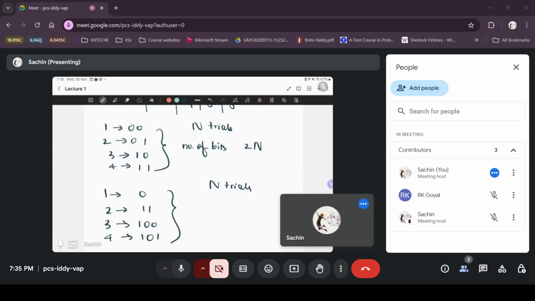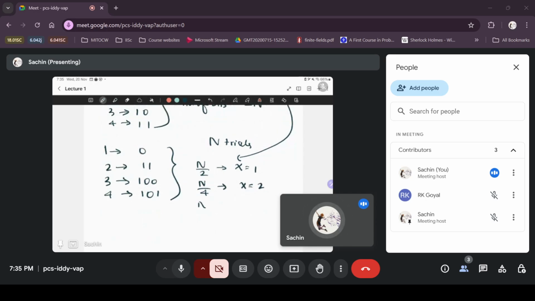So from this probability distribution, you could say in half the trials x is equal to 1, in 1/4 of the trials x is equal to 2, in 1/8 of the number of trials x is equal to 3, and in 1/8 of the trials x is equal to 4.